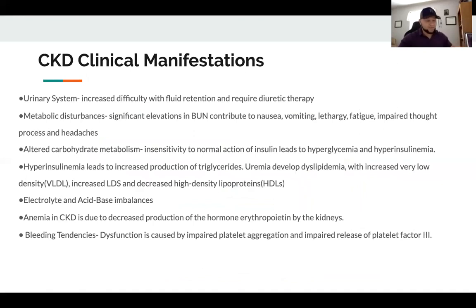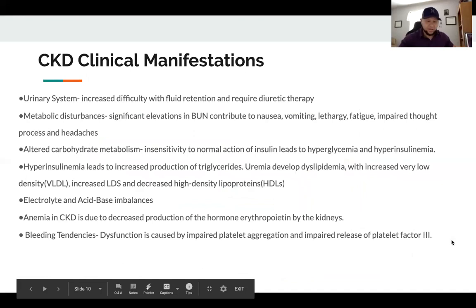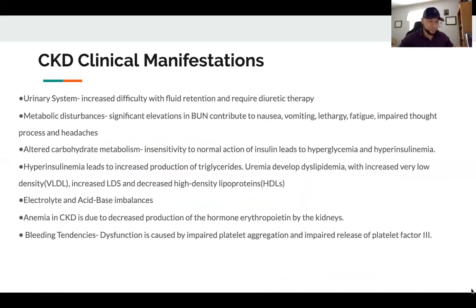Some of the manifestations are increased difficulty with fluid retention, requiring diuretic therapy, and metabolic disturbances such as significant elevations in BUN, which contributes to nausea, vomiting, fatigue, impaired thought process, and headaches. There's altered carbohydrate metabolism, so insensitivity to the normal action of insulin, which leads to hyperglycemia.